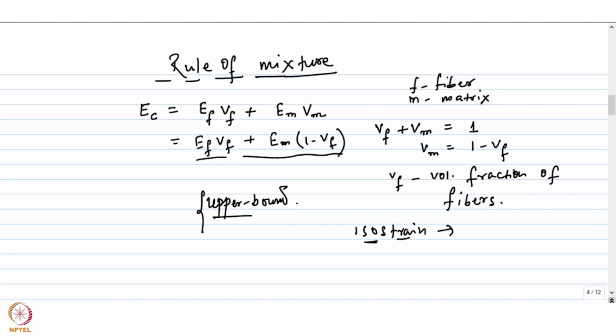And the other thing which is not taken into consideration in the rule of mixture is that there may be presence of defects. That is not considered in the rule of mixtures, right? So if there are defects, obviously the measured value will be lower, and that is why, as I said, the experimentally measured values are generally lower than the values obtained by rule of mixture.